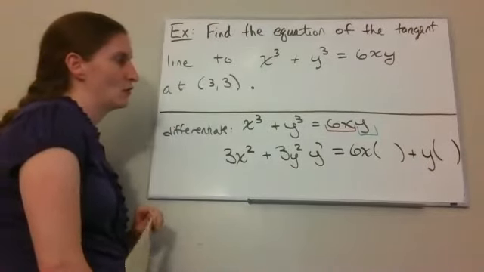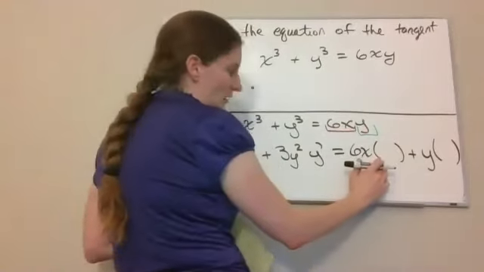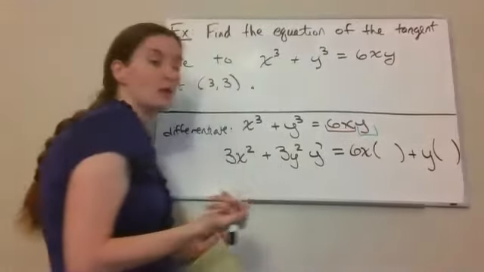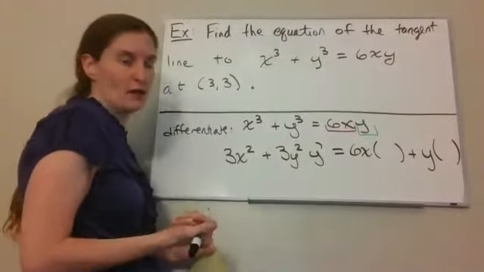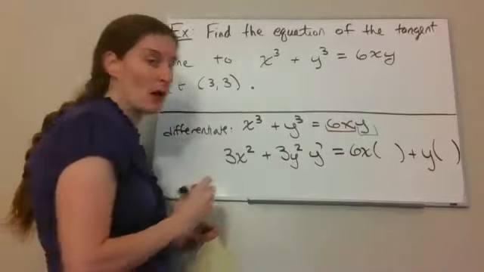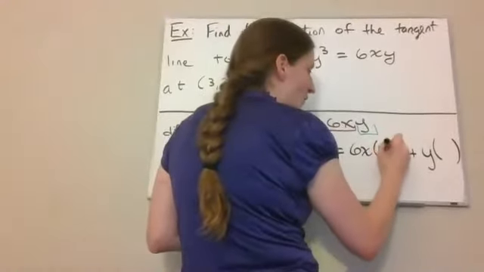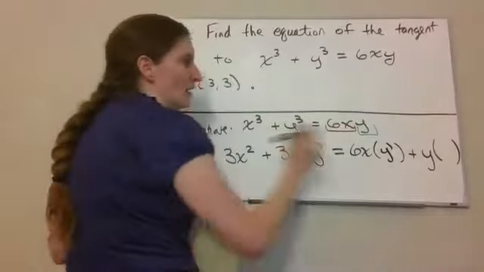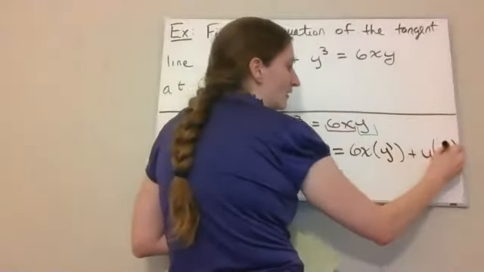So let's do this derivative of the y. Derivative of y, we would normally think is just 1, but we have to multiply it by y prime, so I get y prime. Derivative of my second guy is 6.